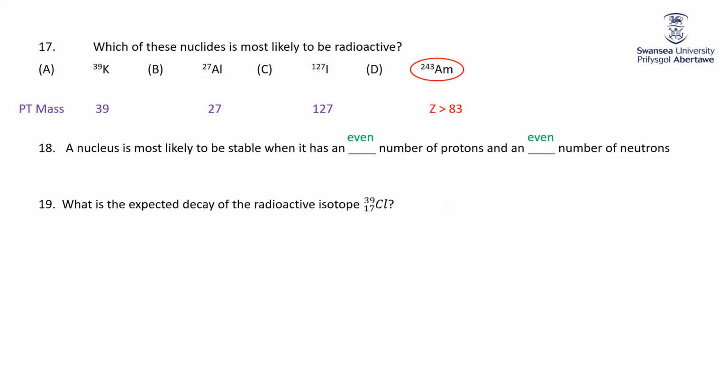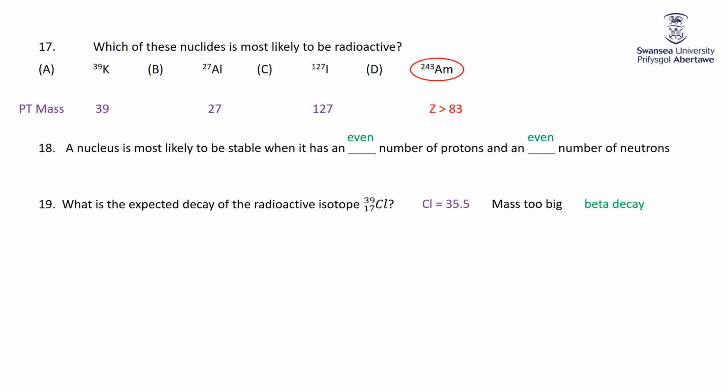Expected decay of chlorine-39. Well, chlorine's atomic mass on the periodic table is 35.5. So the mass of this isotope is bigger than the ideal mass. Now, it's not so much bigger that you might automatically say it's radioactive, but you're told it's radioactive. So the mass is too big, and therefore it will decay via beta emission, because mass too big means you've got too many neutrons, not enough protons.